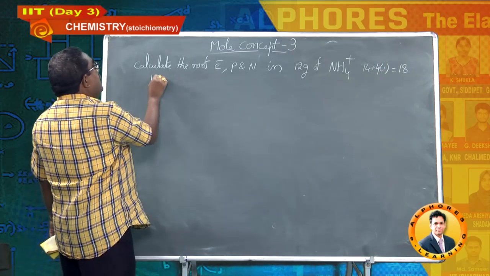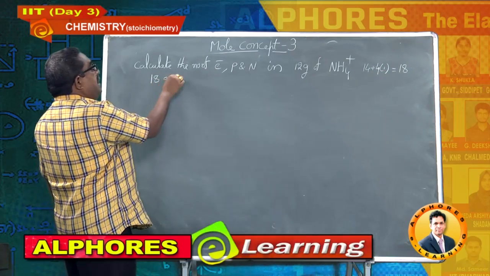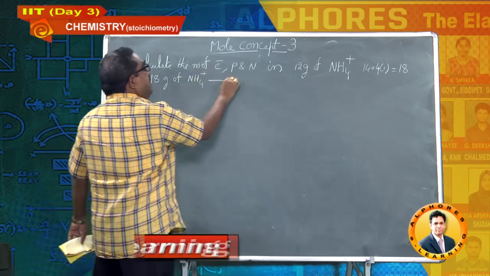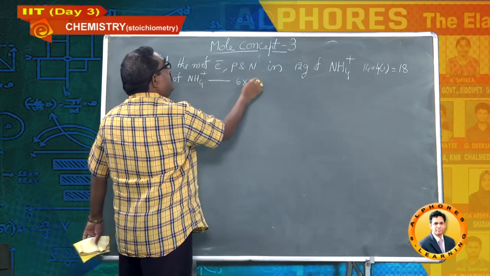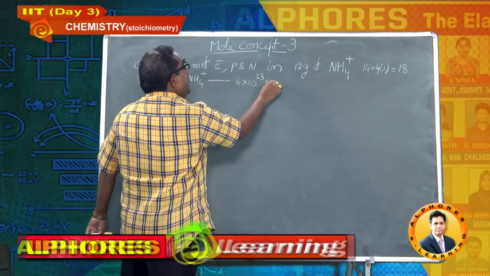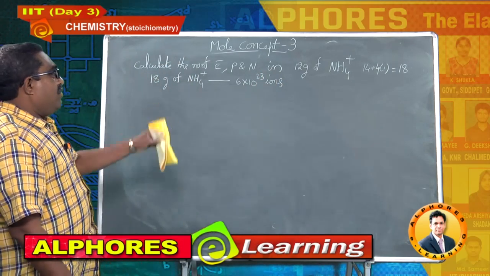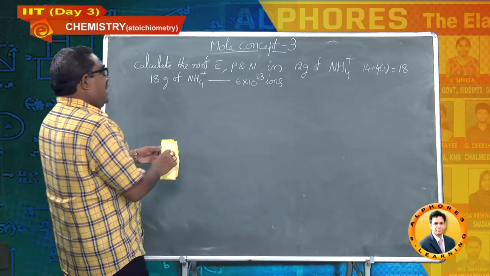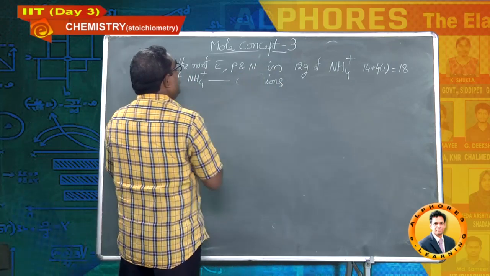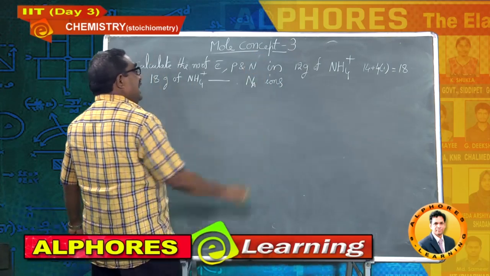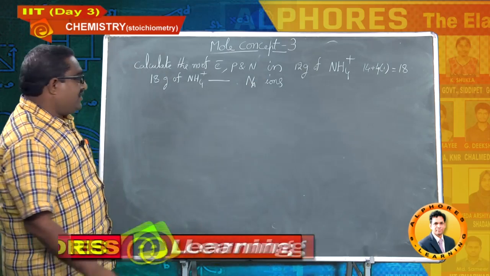So simply you can write 18 grams of ammonium contains 6 into 10 power 23 ions. This time directly I am going to write with Avogadro number, students. So simply I can write it as, instead of all this, Na, Avogadro number, Na ions.